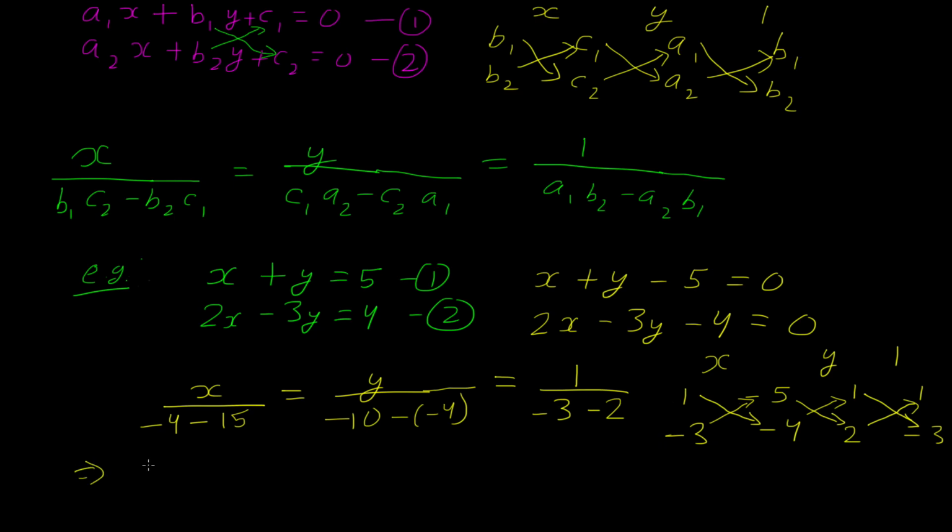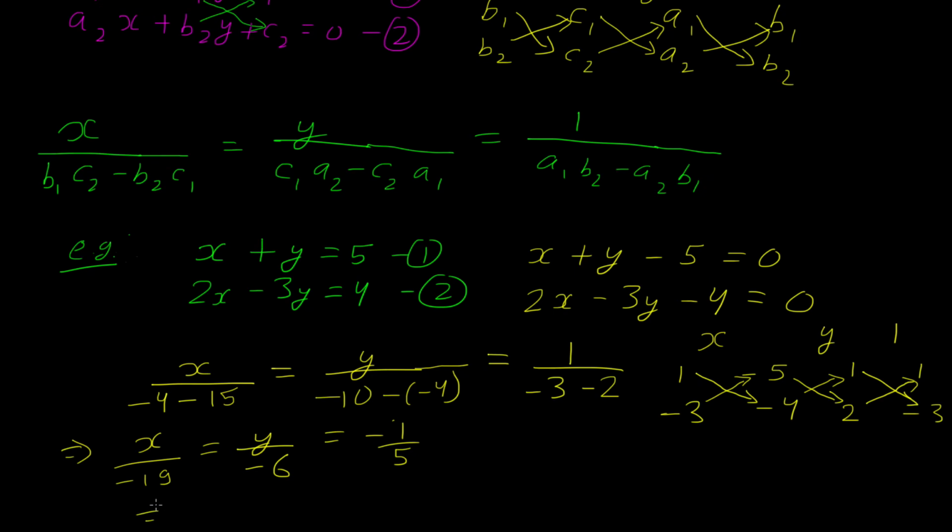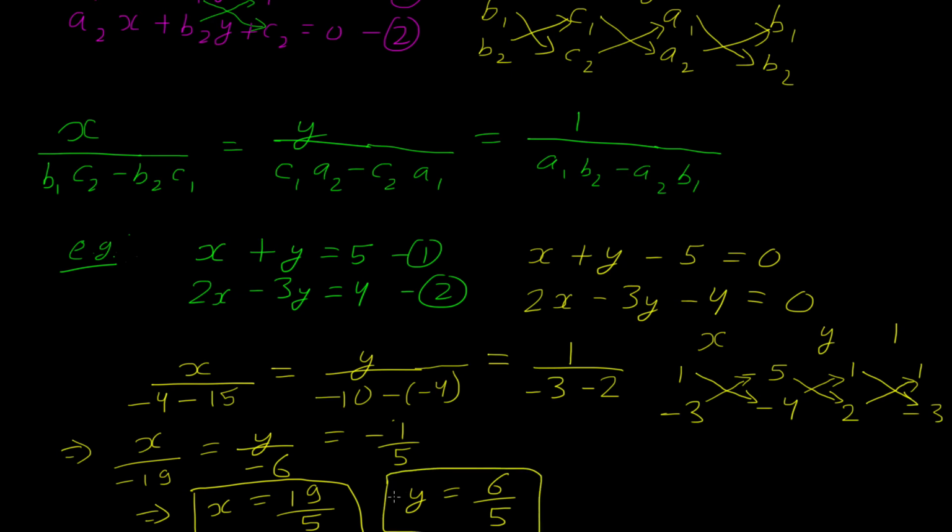Therefore we get x by minus 19 is equal to y by minus 6 is equal to minus 1 by 5. Therefore, x is 19 by 5 and y is 6 by 5.